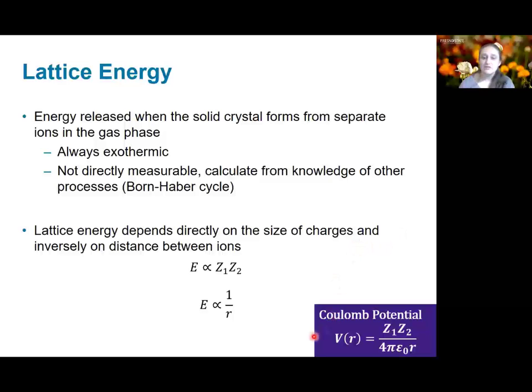So the interaction of two charged particles is described by this Coulomb potential, where we have basically this product of the charges divided by some constants and the distance between those charges. And based on this, we find that the energy, particularly the potential energy, is going to be proportional to the product of the charges, and it's also going to be inversely proportional to the distance between them.